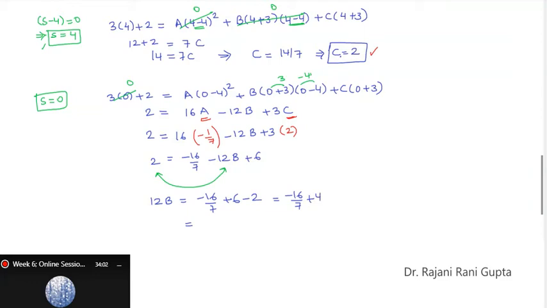It's up to you. So minus 16 plus 28 over 7, it's just the simplification, gives you 12 over 7. So this gives you the value of b as 1 over 7.